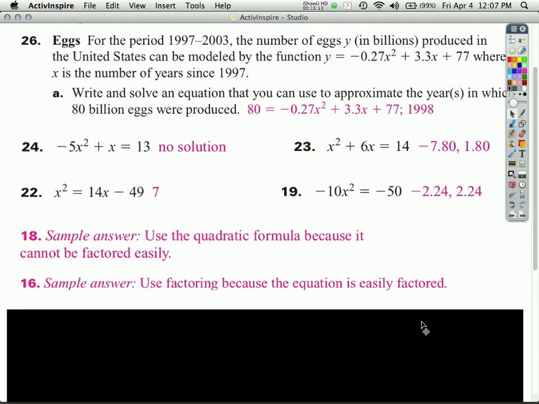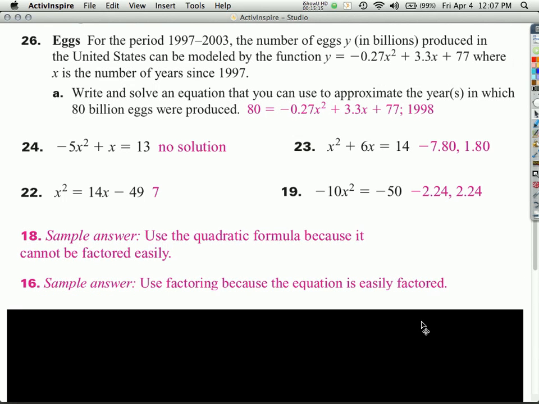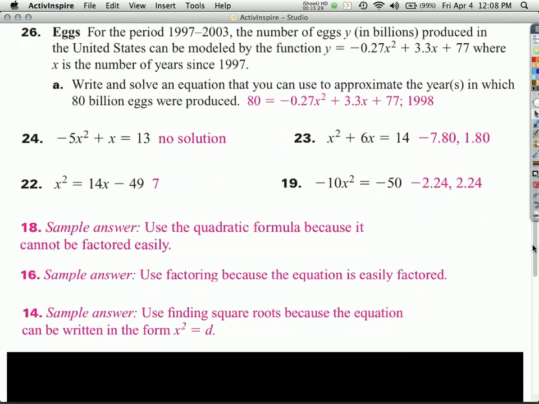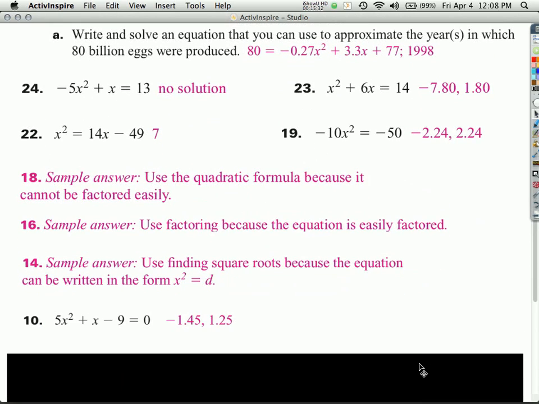For number 19, factoring is the best choice because it's easy to factor that one. Number 14, finding square roots because it's in the form that using square roots is perfect for. And number 10, negative 1.45 and positive 1.25.